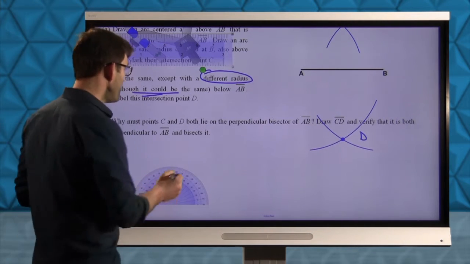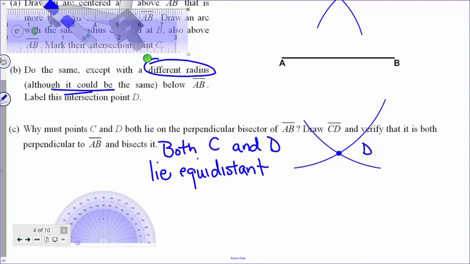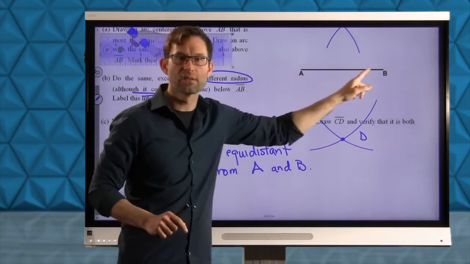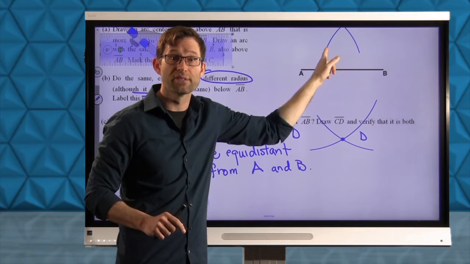All right, well, hopefully you said both C and D lie equidistant from A and B. And by that, what I mean is that C lies the same distance from A as it is from B, and that's because we kept those two radii the same.